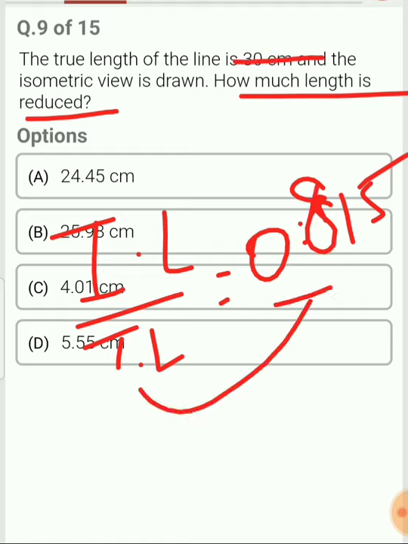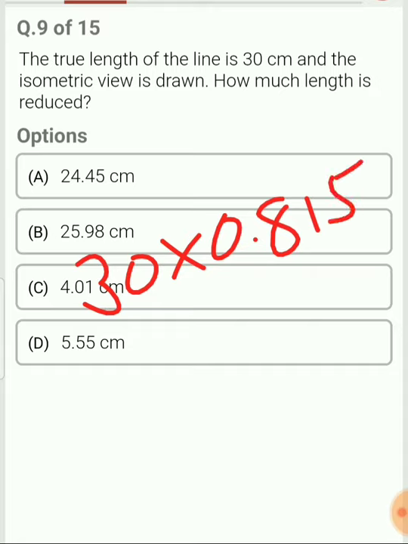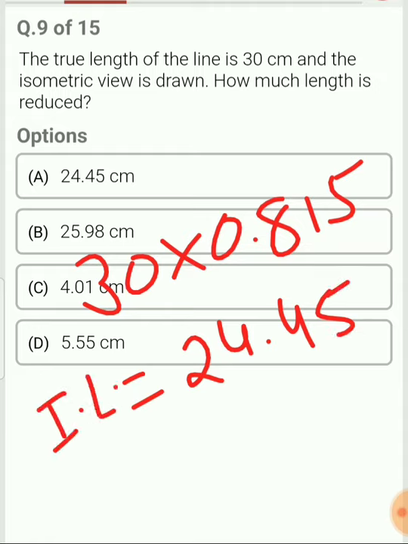So this true length will go on the right hand side, and from that we will find out the isometric length. So 30 into 0.815 turns out to be 24.45, right? This is the isometric length.